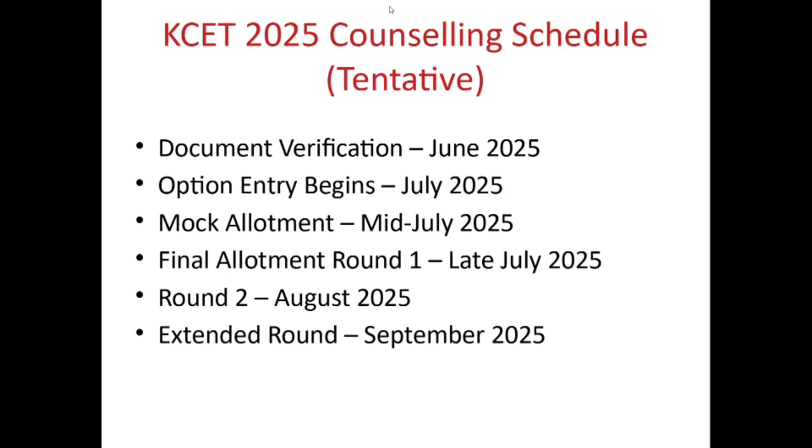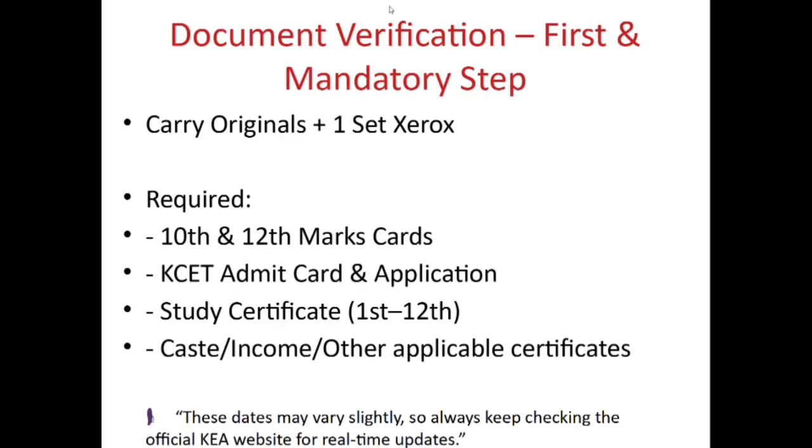Option entry starts early July 2025. Mock allotment: mid-July 2025. Final allotment round 1: late July 2025. Round 2 allotment: August 2025. Extended round: September 2025. These dates may vary slightly, so always keep checking the official KEA website for real-time updates.